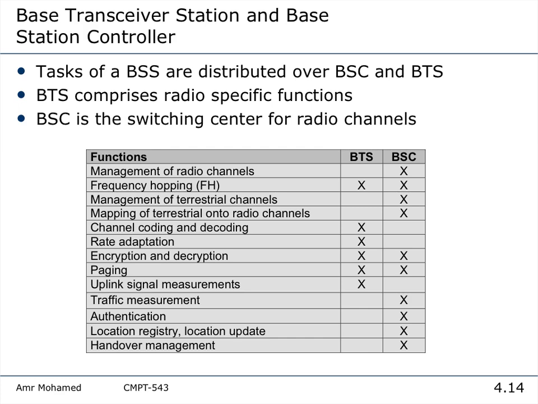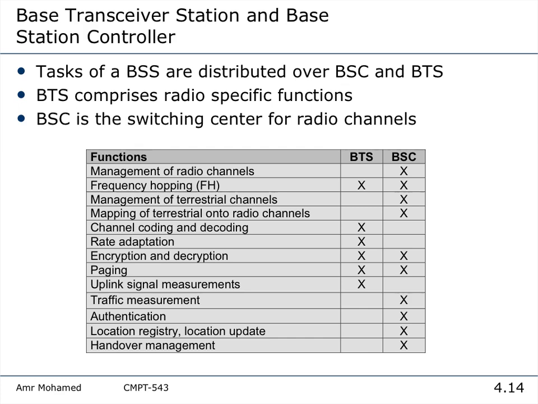So all of these types of traffic measurements at the terrestrial level, authentication, location registry, and location update have to engage the base station controller. We'll talk about each one of these. Why? Because it has to go to the back end, to the core network. All of these functionalities have to go to the core network.